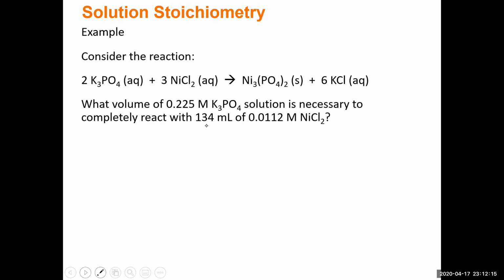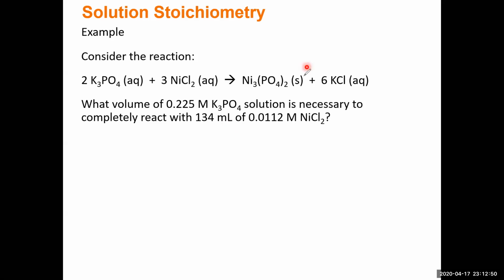So we're given the volume and the molarity of NiCl2, and we want to convert into the volume of K3PO4, and we're given its molarity. So again, we're given both the volume and molarity of NiCl2, so we'll start there. First, we need the volume to be in units of liters, which I'm going to go ahead and convert myself.